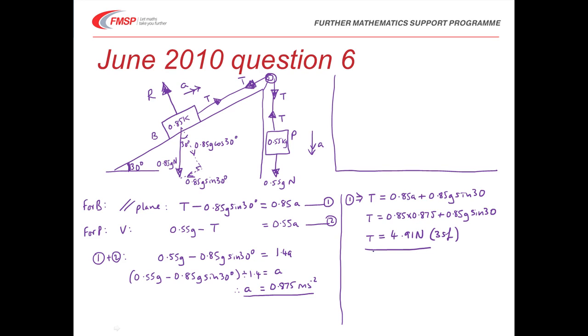I know the magnitude of the tension, it's 4.91. But how much of it is acting on the pulley? Well, if you imagine a line of symmetry through this pulley, and I do know the angle at the top there, if this is 90 degrees, then the total angle there is 60, which makes both parts of this angle 30 degrees.